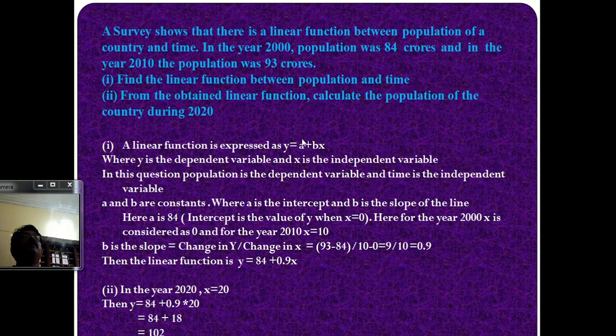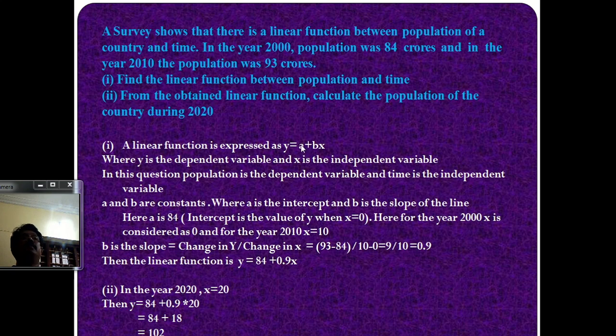Then a and b are constants. A indicates the intercept and b indicates the slope of the straight line.